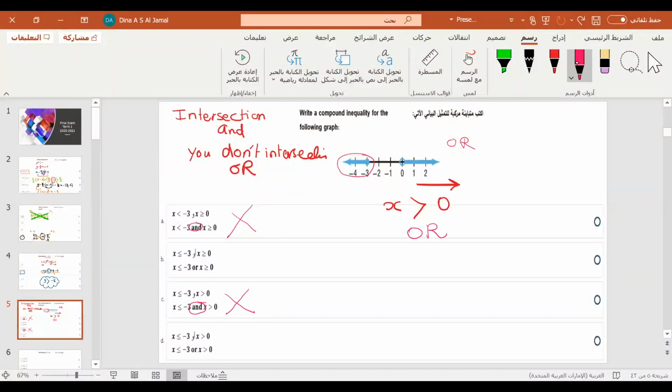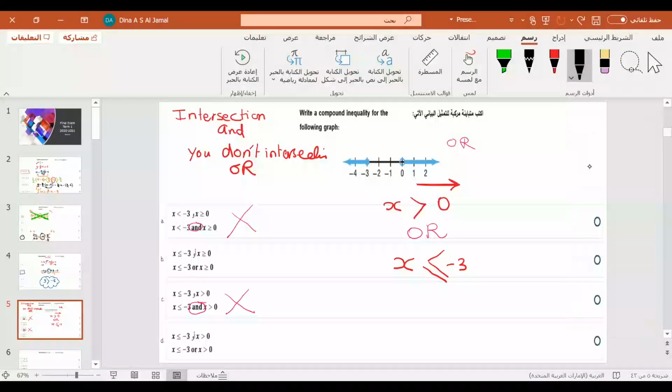Or I would like my values to be on the left side, that means I would have values less than minus 3. But do I want to have minus 3 between them? I'm having a closed circle, that means yes. I would like to have the values like minus 3.